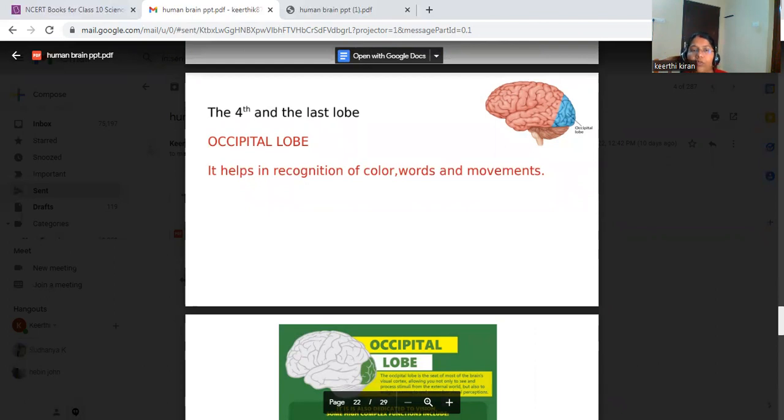Understand? Now, the fourth and last lobe is the occipital lobe. What is the occipital lobe? It helps in the recognition of colors, words, and movements. If I'm showing this color to a child and they tell me that this is a mixture of black and white, that means their occipital lobe is working, right?